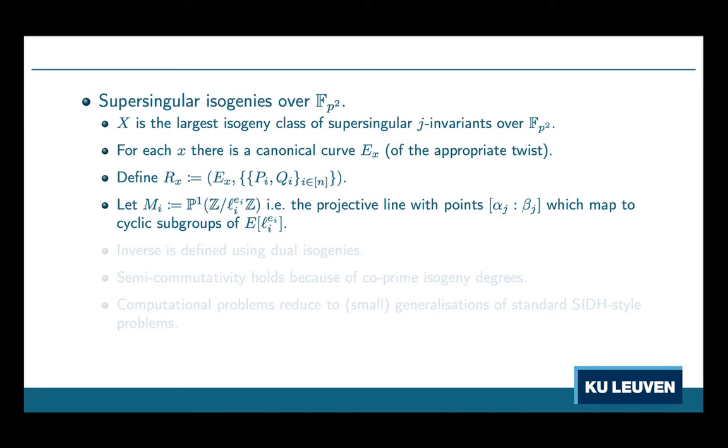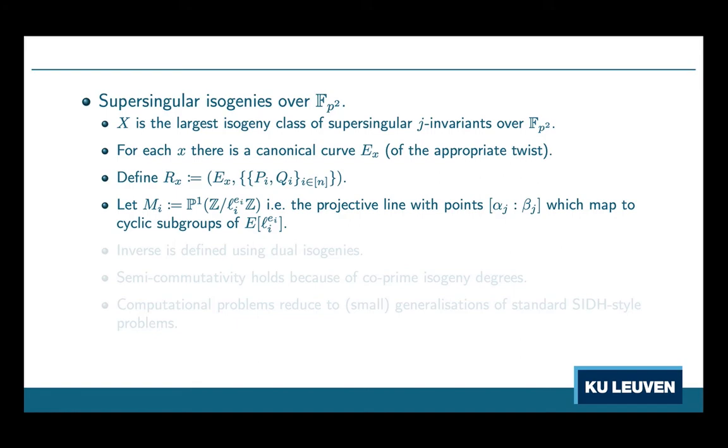So in the same notation as before, we take Z mod l_i^e_i for i going from 1 to n, and we take the projective line defined over this group. So this projective line is the class of points (a_i, b_i), which can be identified with the cyclic subgroups of the torsion subgroup.